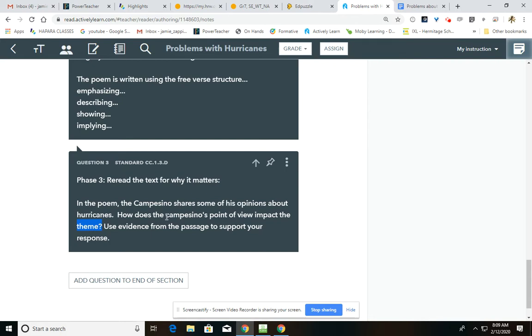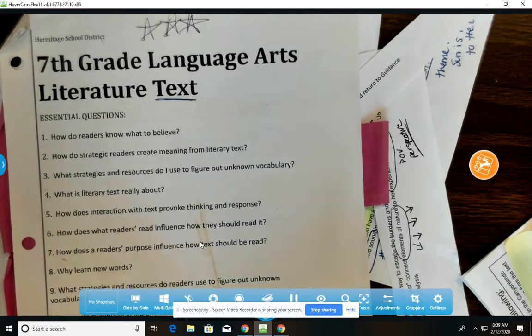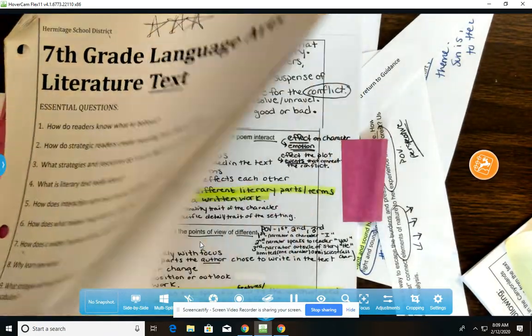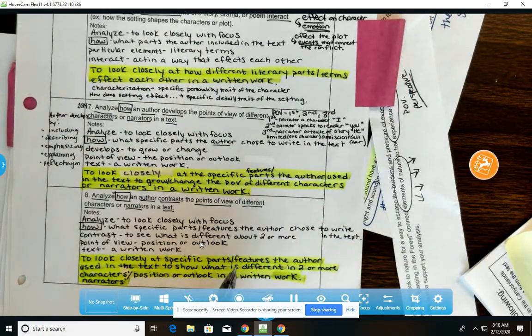In this piece, we have a character called the campesino, and the campesino is a peasant farmer. This question is asking, how does the campesino's point of view impact the theme? So make sure that you use the perspective of the campesino to help you determine how his perspective actually does convey a specific message in the piece.